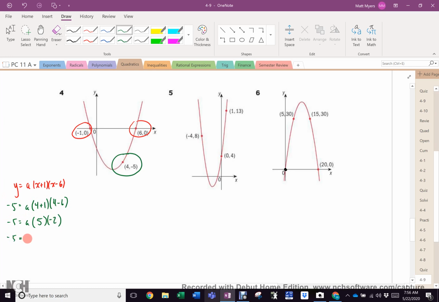Negative 5 equals negative 10a, so a equals 1/2. Then I just plug it in, y equals 1/2 (x plus 1)(x minus 6), y equals 1/2 x squared minus 5x minus 6, y equals 1/2 x squared minus 5/2 x minus 3.